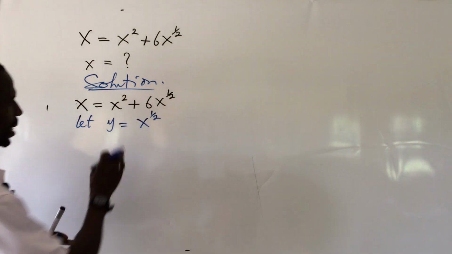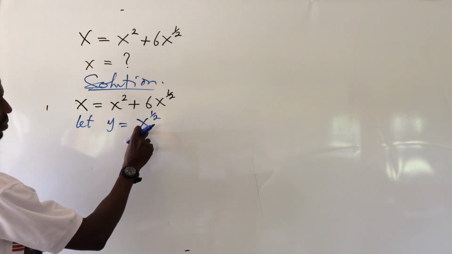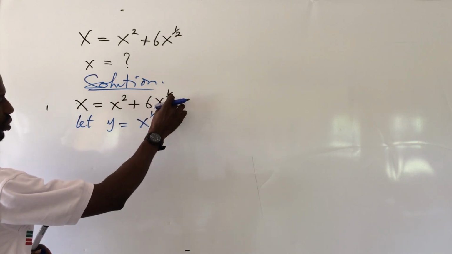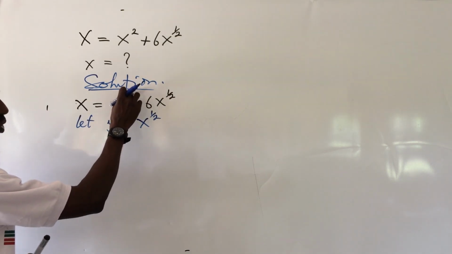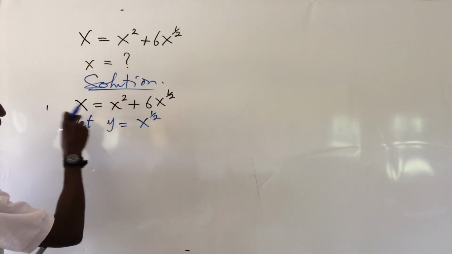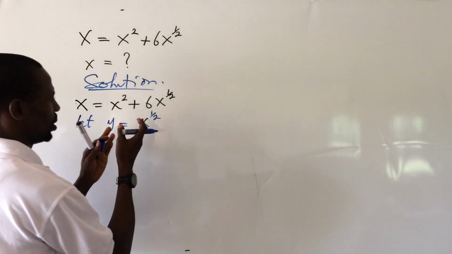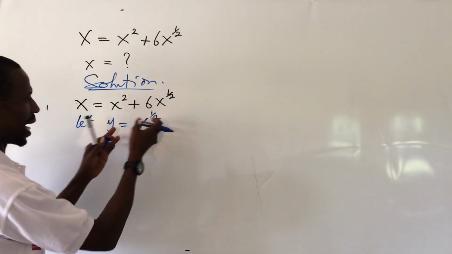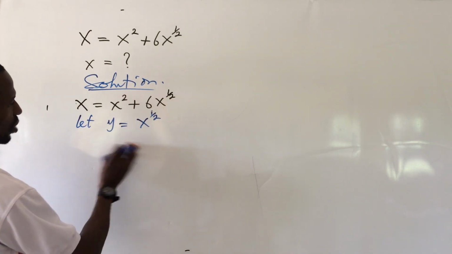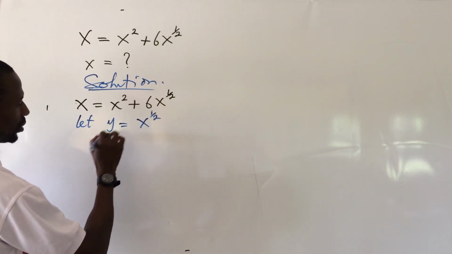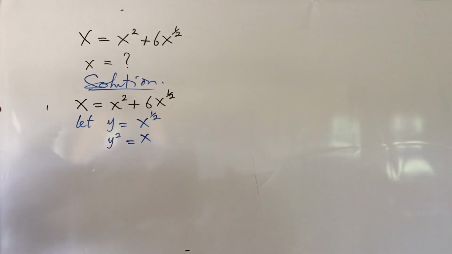Then if we want to look for x here, because we have x to the power of 1 over 2 and also x to the power of 2, let's bring in x to the power of 1 and power of 2 from this relationship. If we square both sides of this equation, we automatically have y to the power of 2 equal to x.